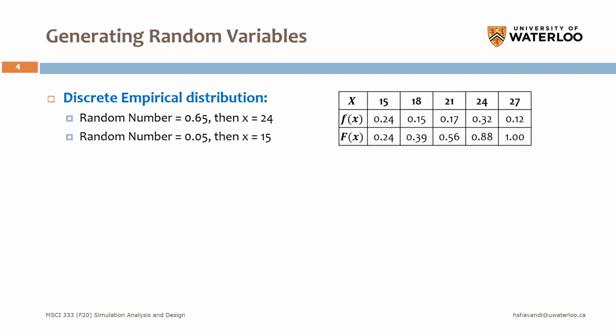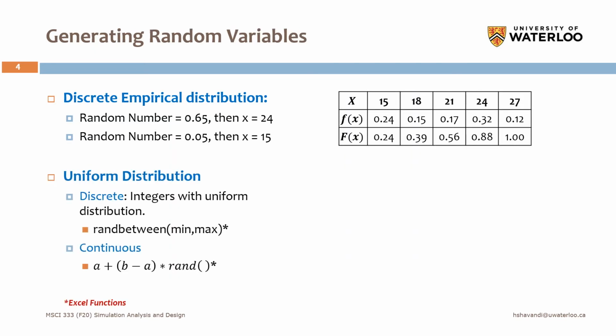Let's have an example here for discrete distributions. Let's say our x values are 15, 18, 21, 24, 27, and these are the probabilities for each value. And here we obtain the CDF. As you know, for the CDF, we just calculate the cumulative probabilities for any x. So for 15, it's 0.24.